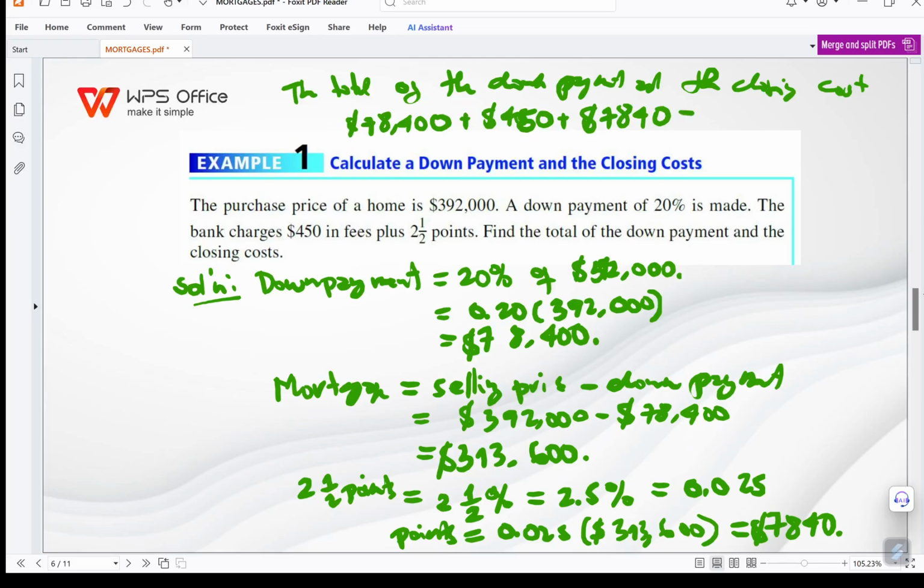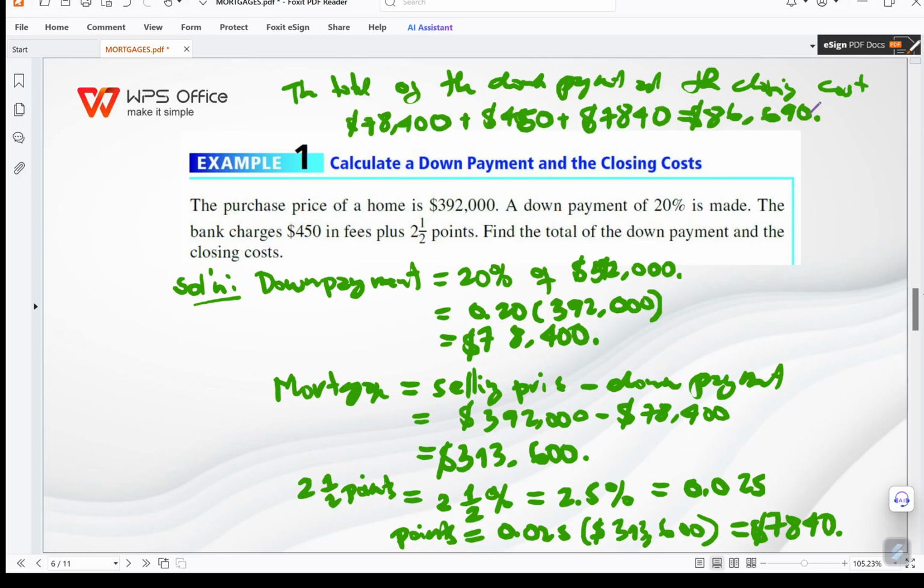So the total cost is now equal to $86,690.